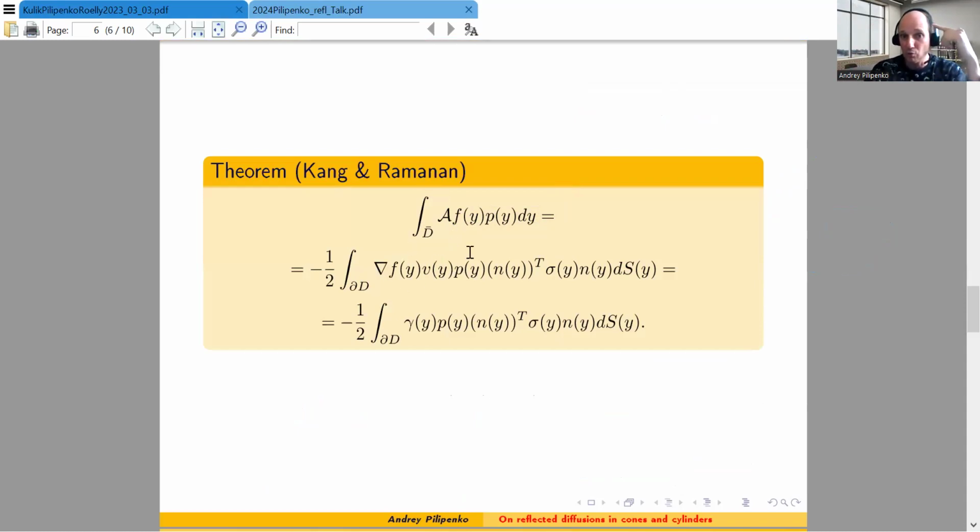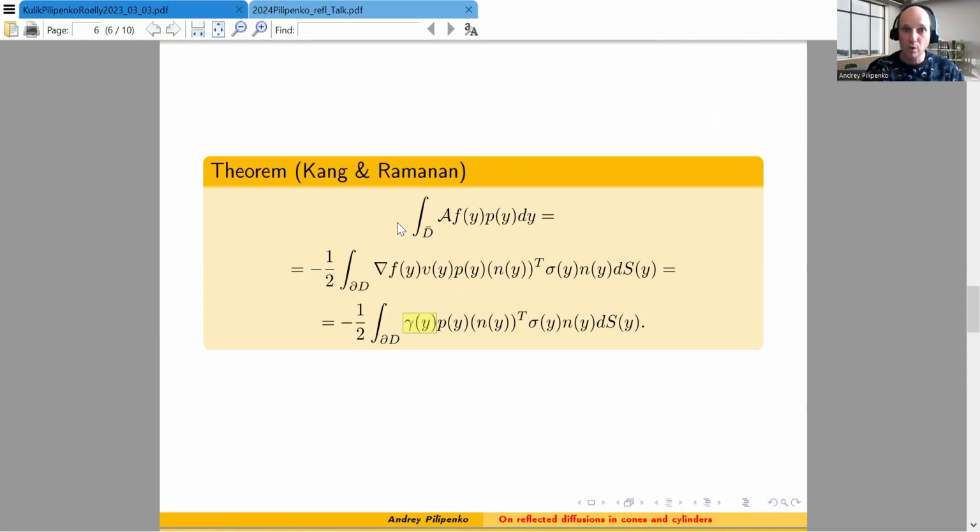And if you do this, you obtain this integral with respect to the boundary, and dS_y is a surface measure. And then we recall that gradient of f times v is equal to gamma. So our result is in terms of gamma, and the theorem is proved.